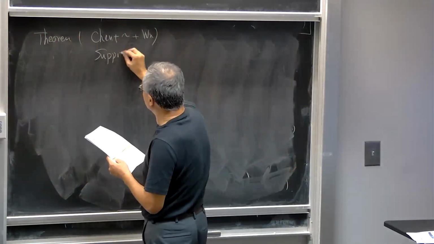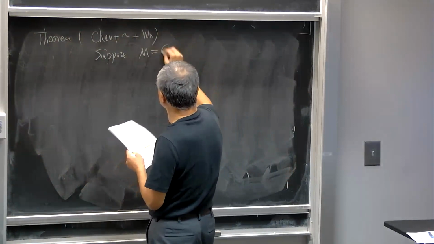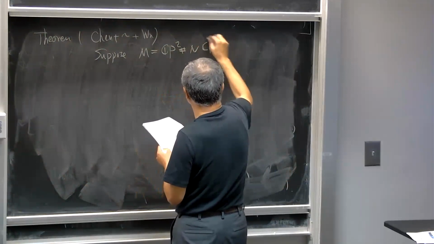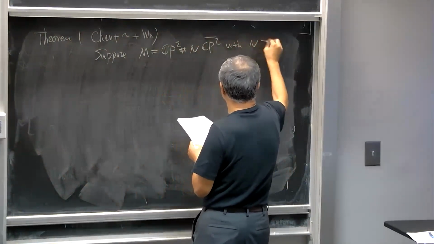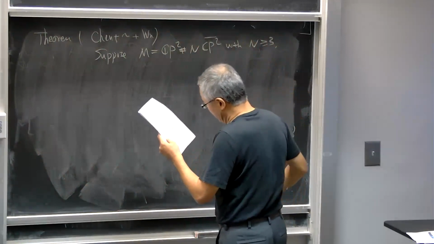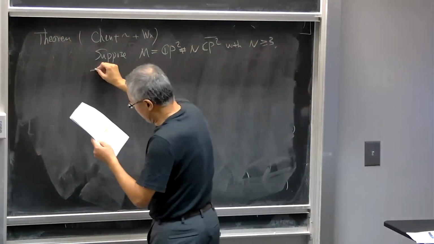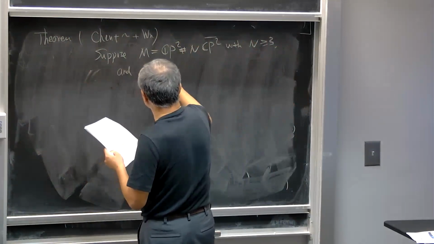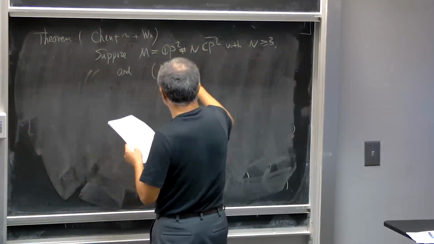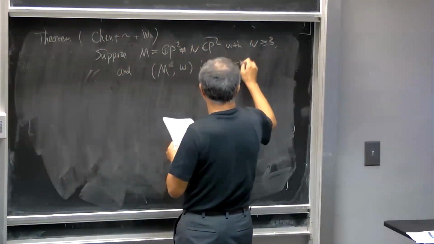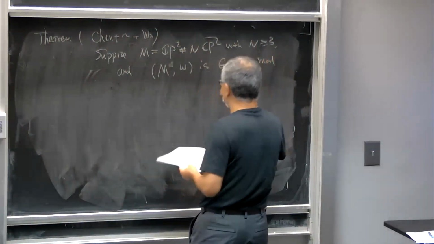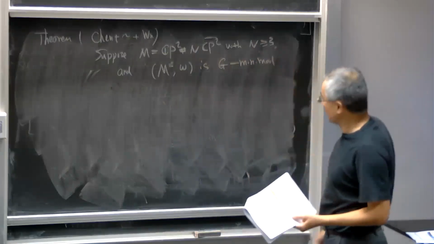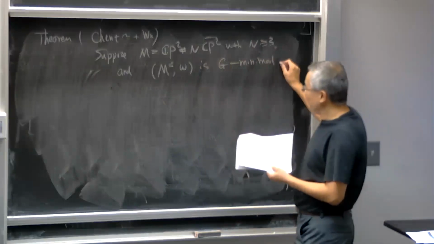Suppose M is CP2 # n CP2-bar with n at least 3. Suppose M, omega is G-minimal. Of course, G has to be non-trivial, and the action is effective.